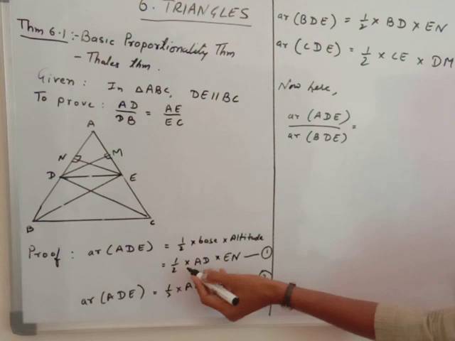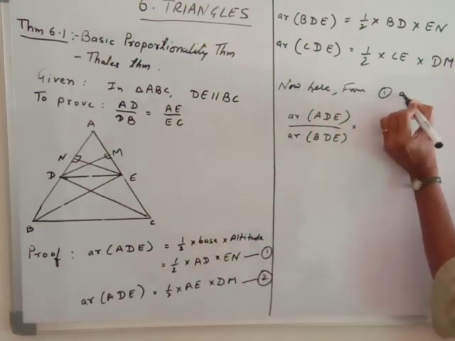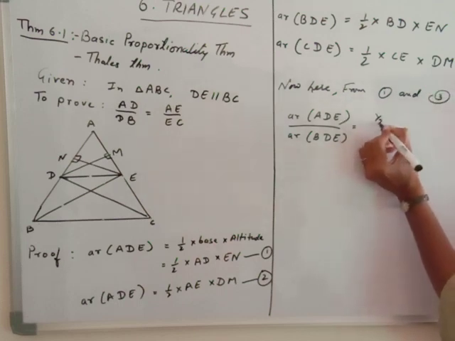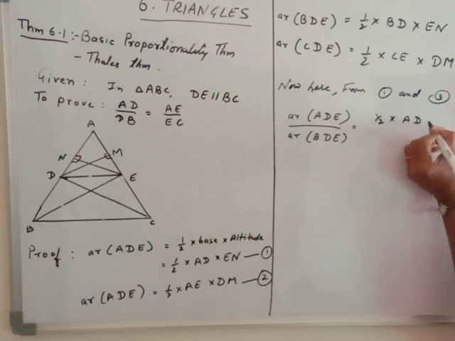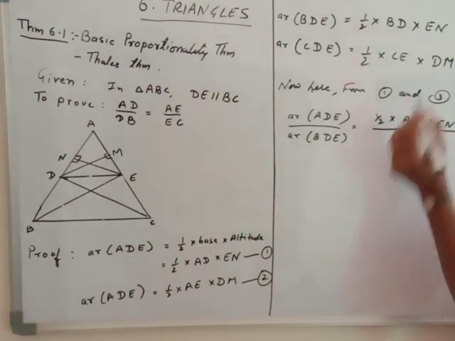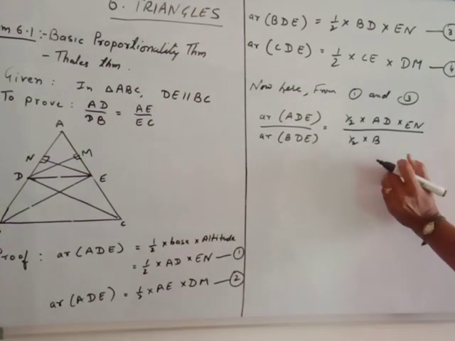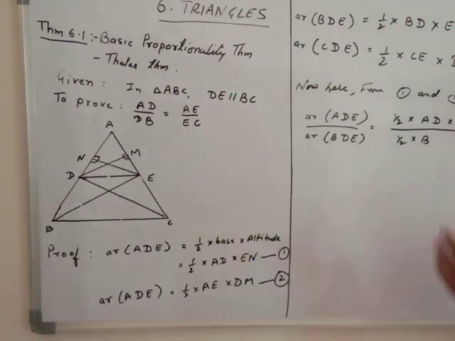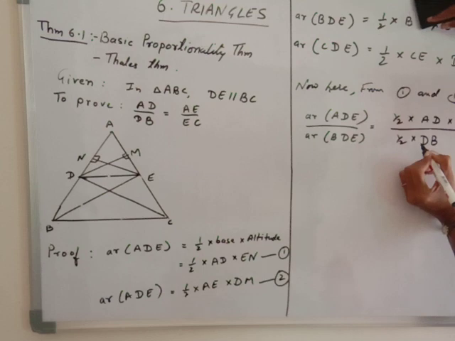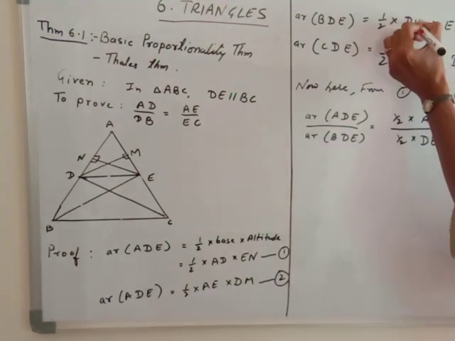Area of this, now here from 1 and 3, I am getting this divided by this is equal to half into AD into EN. And what is the value of this? Half into BD. Okay, we are writing DB. Let's change here also. There must be no confusion, because whether you write DB or BD, the meaning is the same.